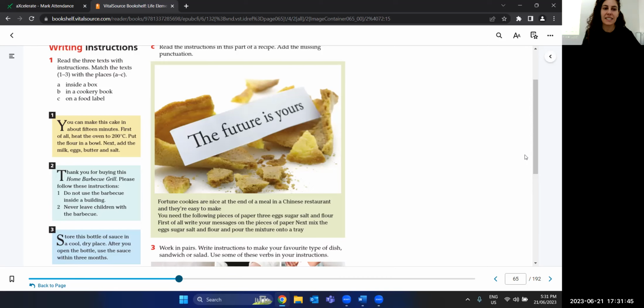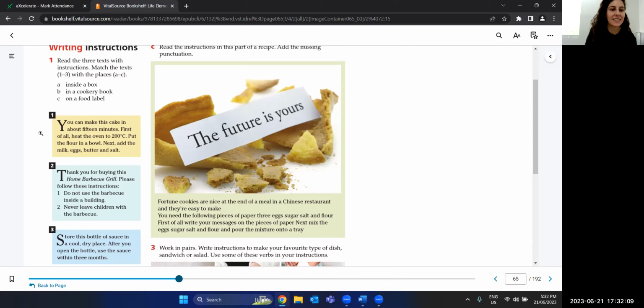So would one of these instructions be inside a box? Would it be in a cookery book? So that means a cookbook where you find lots of recipes, or on a food label. So you remember, yes, last lesson when we looked at the labels that are on the food. So let's look at number 1.